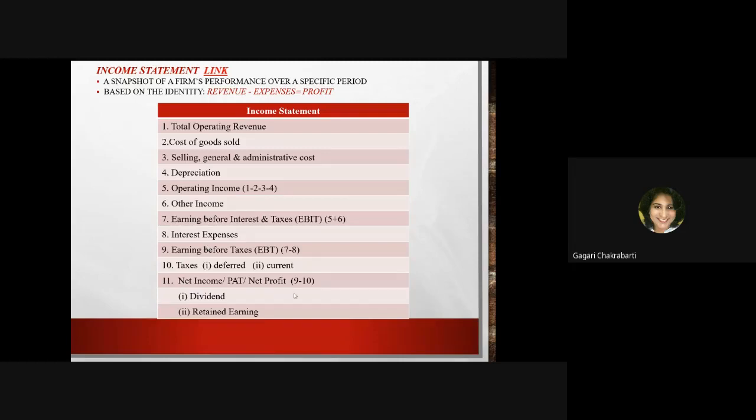Now, from the EBIT to arrive at the net income or profit after tax, we first deduct the interest expenses. That is one of the advantages of going for debt financing, because interest payments are exempted from the taxes, right?